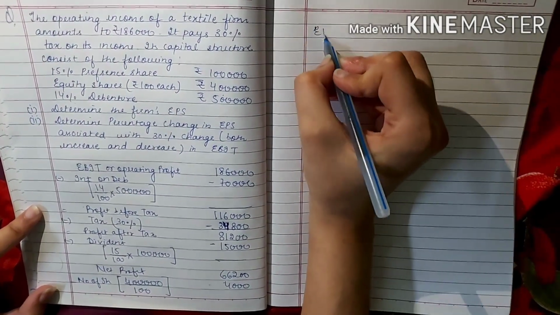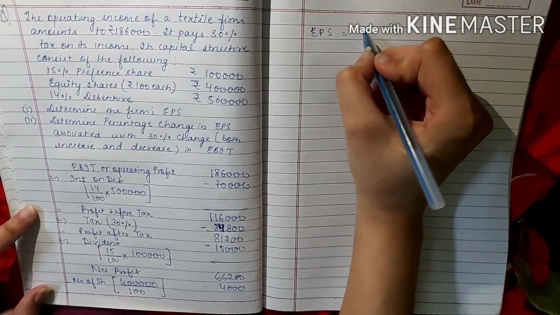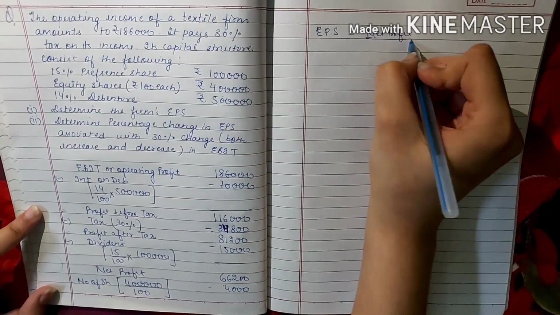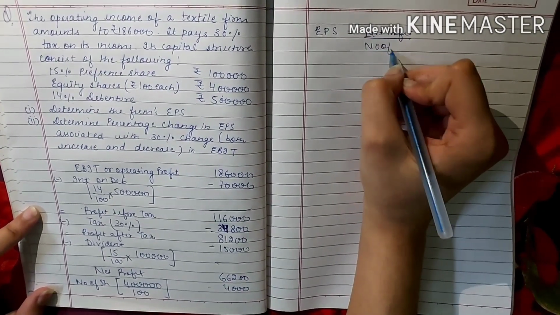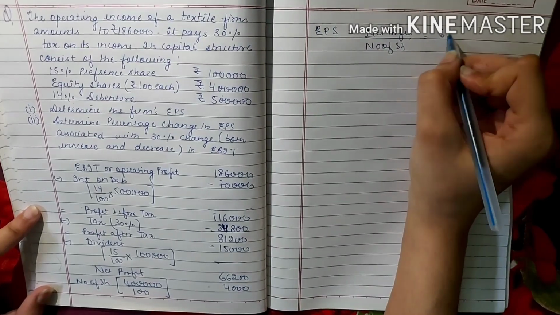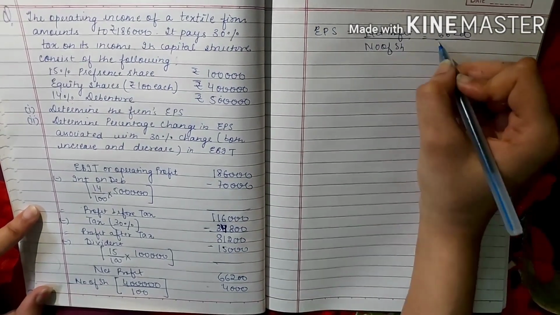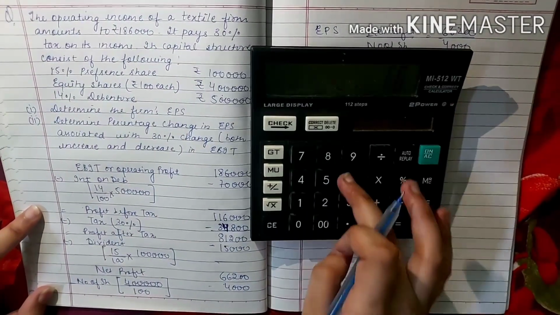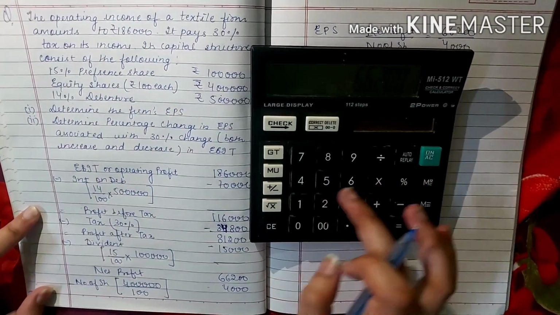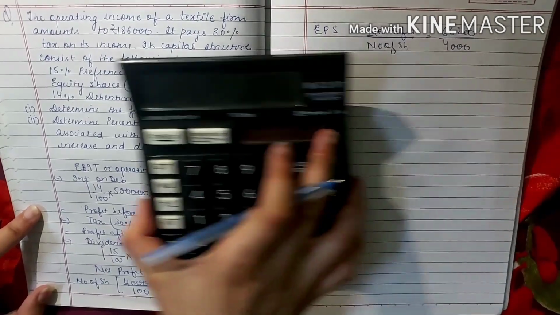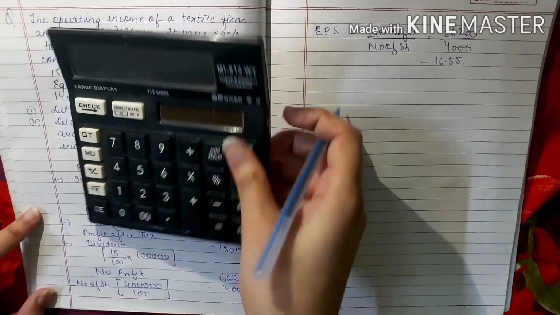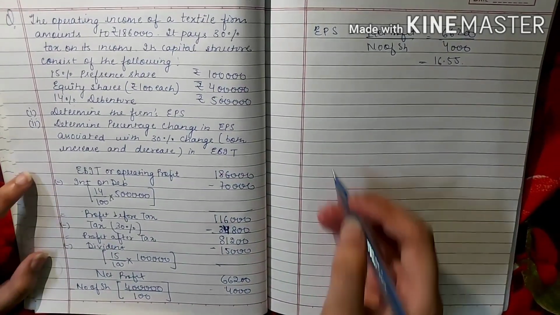So earning per share is net profit upon number of shares. Net profit was 66,200 and number of shares 4,000. Just divide 66,200 by 4,000. 16.55 is your earning per share.